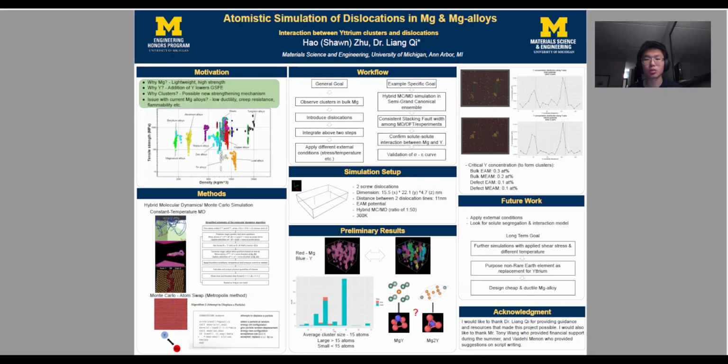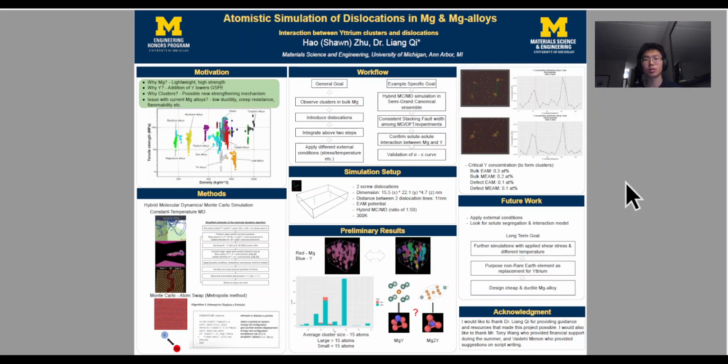So if we look closely into this histogram, we can see that the large clusters have an estimated yttrium concentration of around 33%. And also by comparing their Euclidean distances and specific structure, the large cluster can be magnesium 2 yttrium, and the small cluster can be magnesium yttrium.